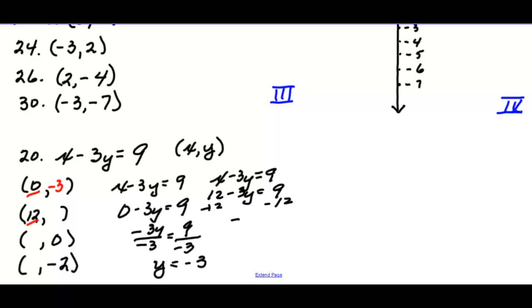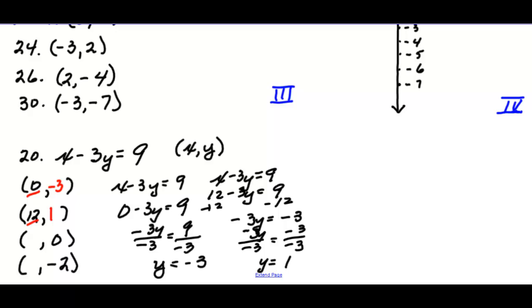We get negative 3y equals negative 3. And then negative 3y over negative 3 equals negative 3 over negative 3. And therefore a positive y equals a positive 1. So in our second one, what we figured out is our coordinates will be 12 and 1.